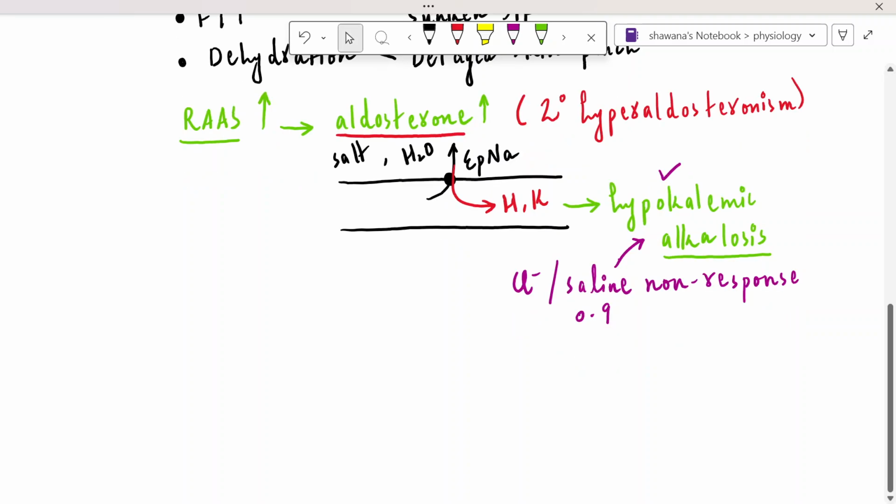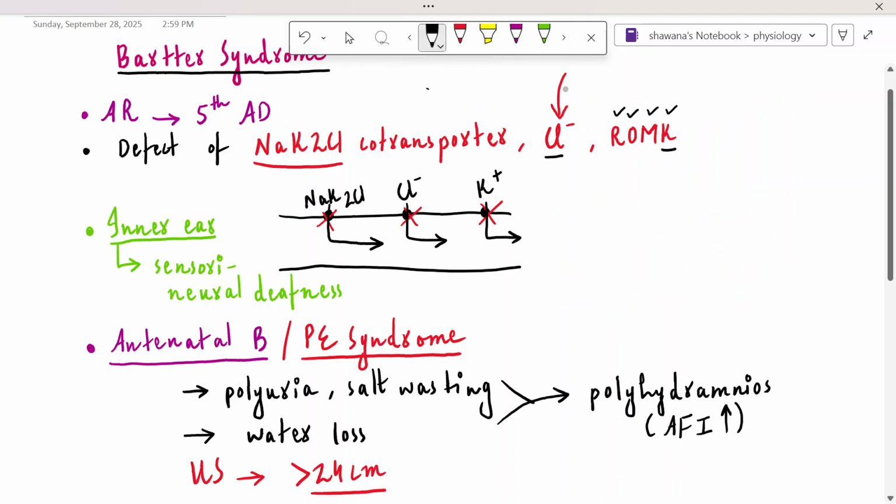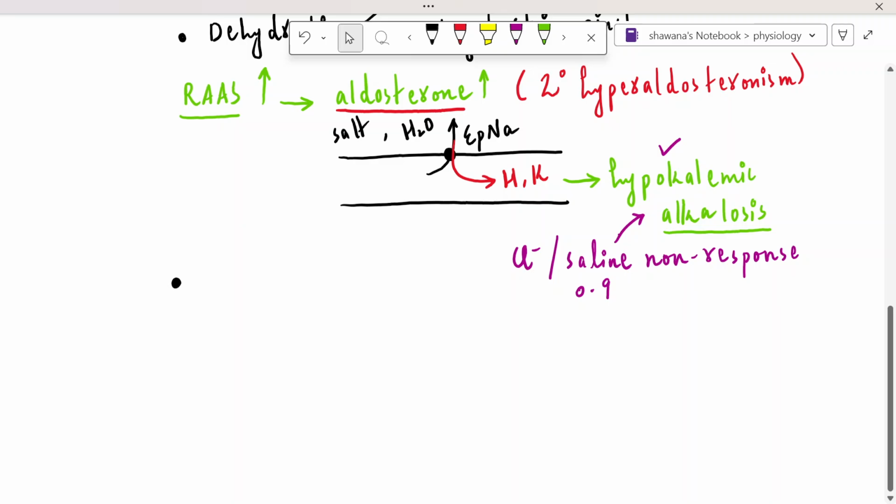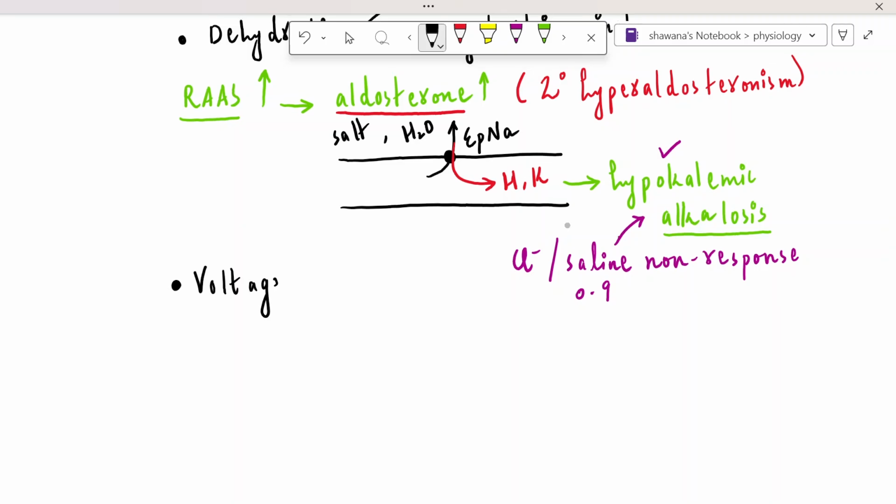The next thing here is that all these channels, like I have mentioned, the sodium potassium 2 chloride, the chloride channel and the potassium channel, they all create a voltage gradient, right?